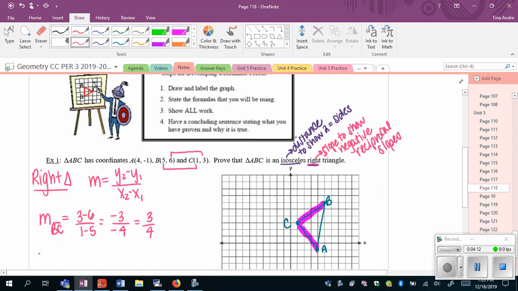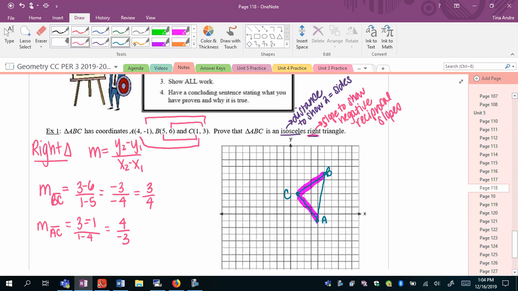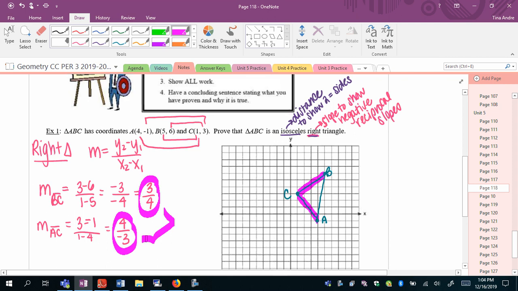So now I'm going to find the slope of the other side, AC. So for AC, I'm going to do 3 minus -1, being careful about that negative, and 1 minus 4. So I end up with 4 over -3, which is perfect, because when I compare these two slopes, I see that they are flipped and negated, meaning they're negative reciprocal slopes, which means I have a right angle.